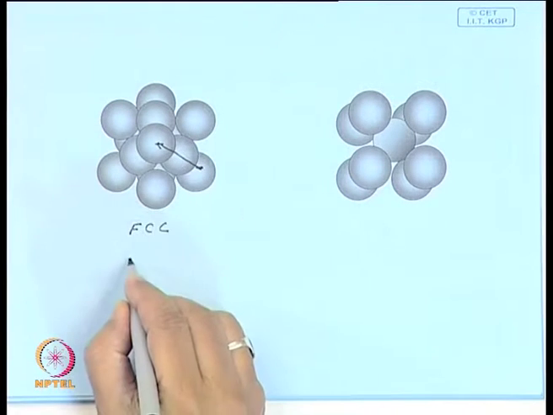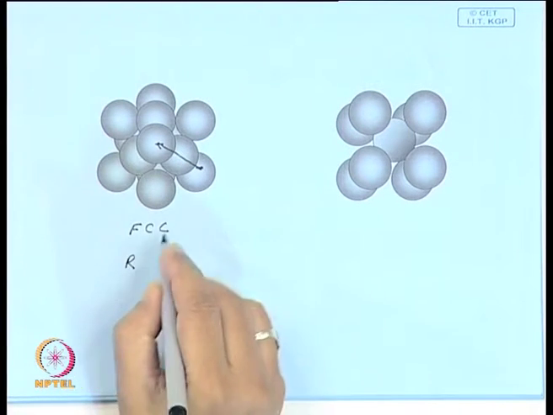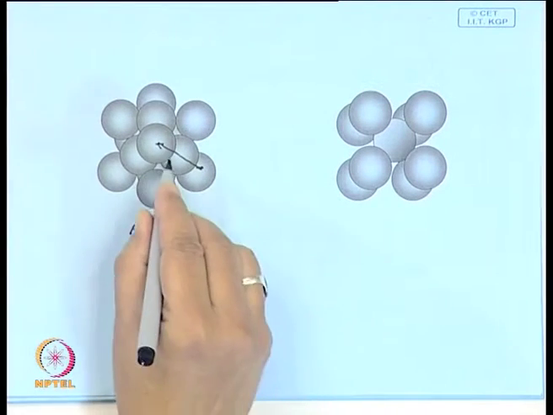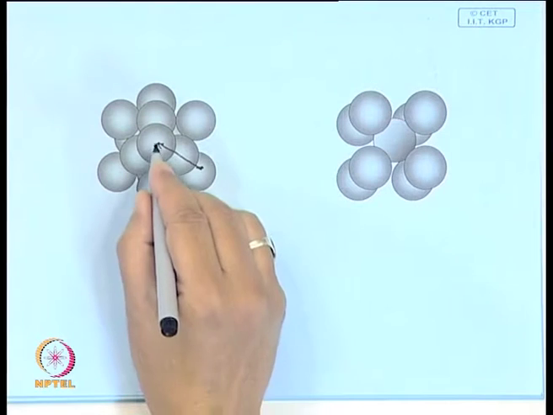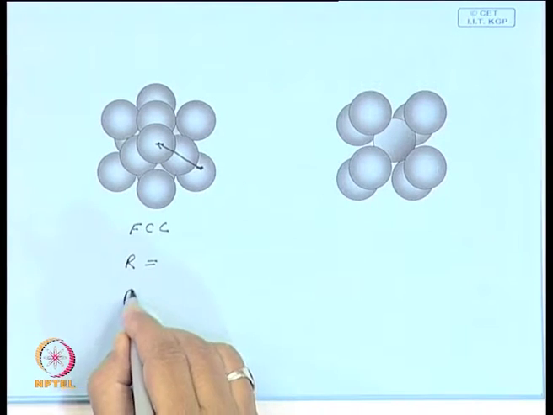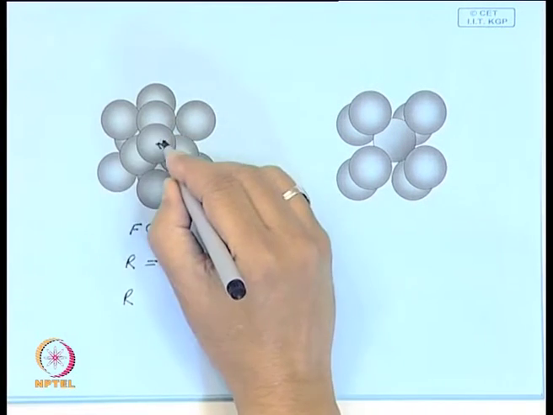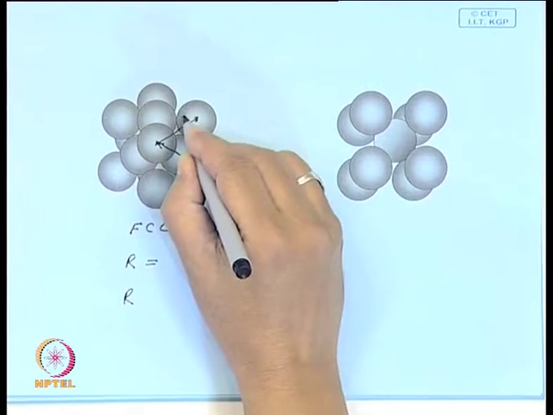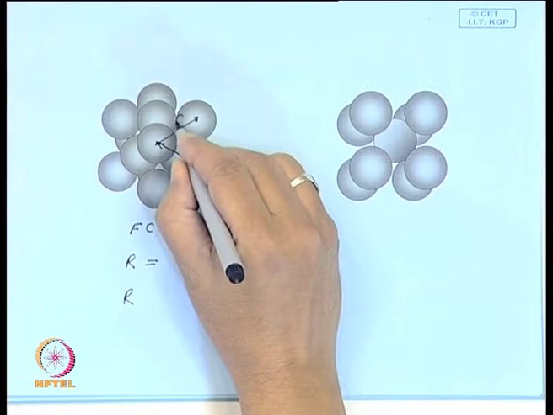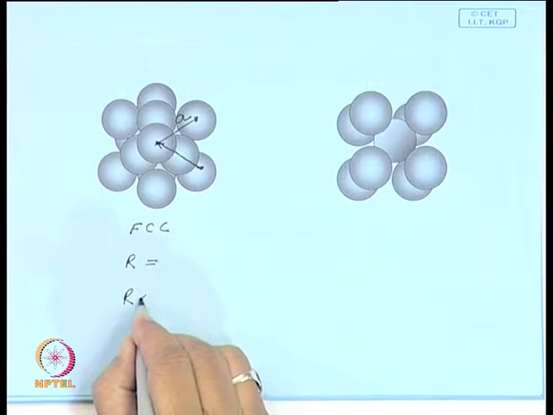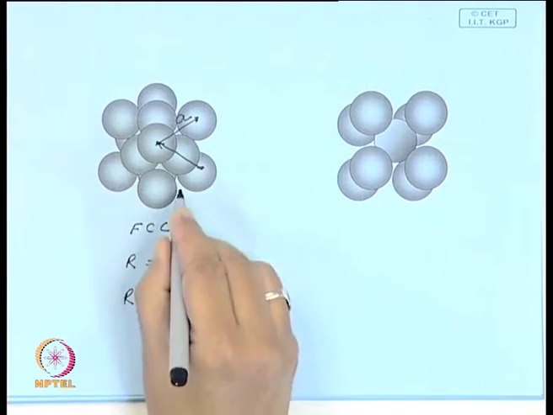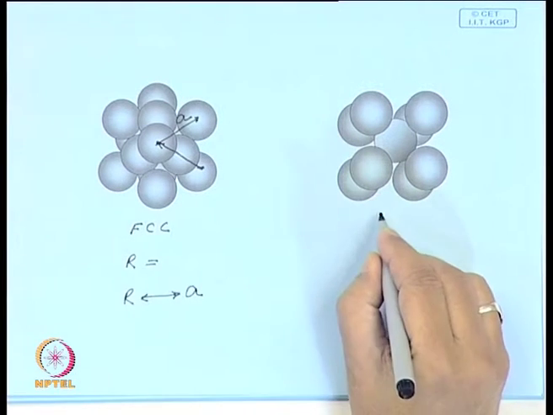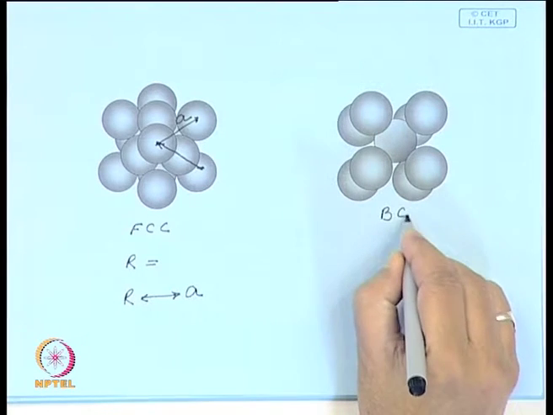If you assume the radius of the atom to be r, try to find the relationship between r and the lattice parameter A. What is the relationship between the atom radius and A for FCC? Try to find this for BCC as well.